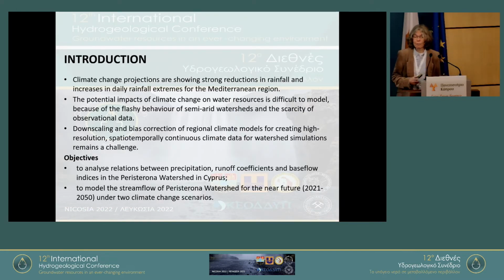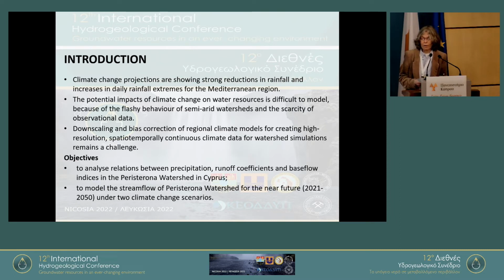Climate change projections are showing strong reductions in rainfall, and also increases in daily rainfall extremes, for the Mediterranean region. The picture from climate change projections is quite clear, but the potential impacts of climate change on water resources are much more difficult to understand, especially on stream flow, because of the flashy behavior of semi-arid watersheds, which are difficult to model, and the always present scarcity of observational data.